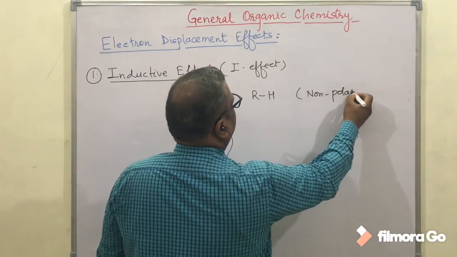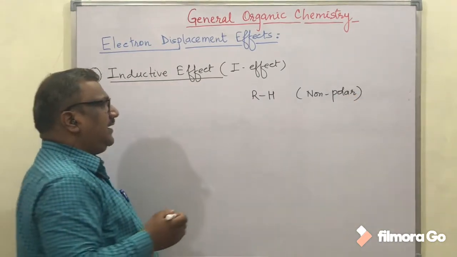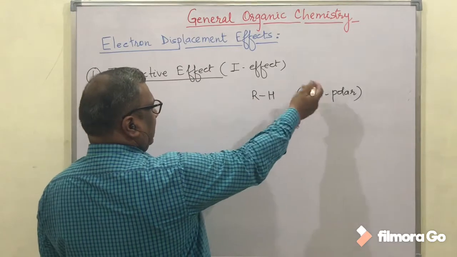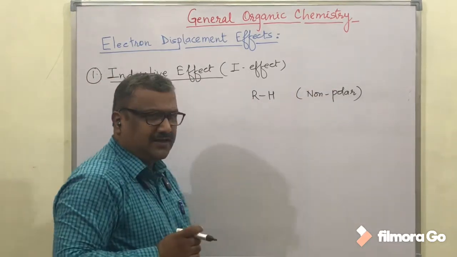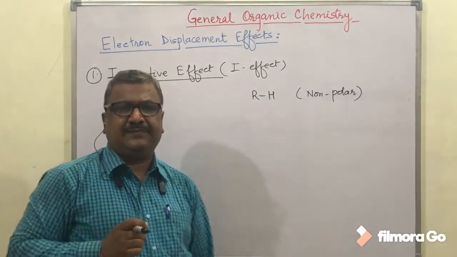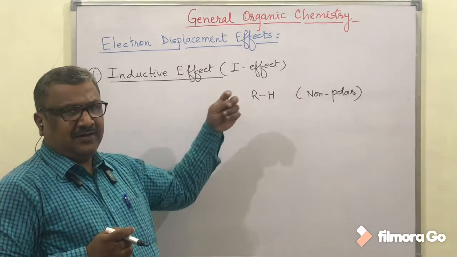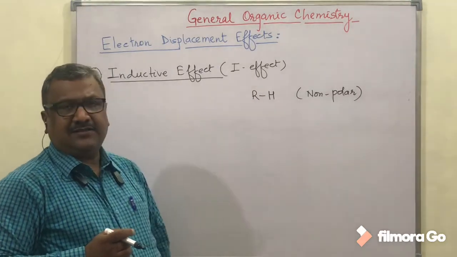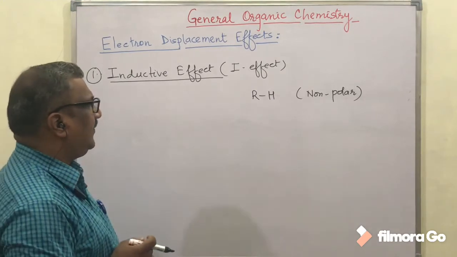There is no polarity in the case of alkanes. The cause of non-polarity is obvious. First, carbon-hydrogen electronegativity is almost the same. Secondly, they are all tetrahedral in shape, so the net resultant is 0. So it makes them non-polar organic compounds.